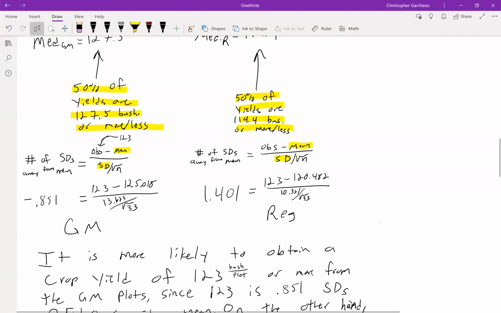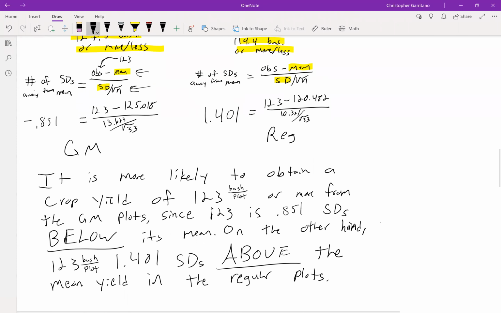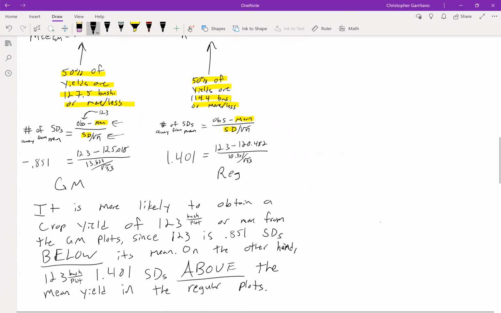Of course, you need to use this formula where we have the observed minus mean divided by standard error. Standard error, of course, is standard deviation divided by radical n, because we are using a sampling distribution of sample means. We're analyzing a sample mean here. All right, that's part B.